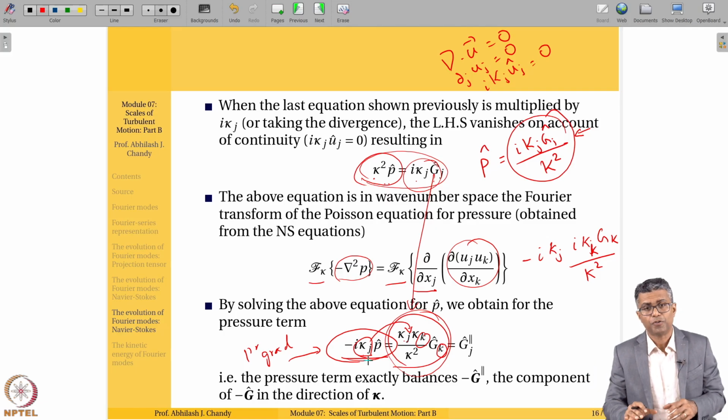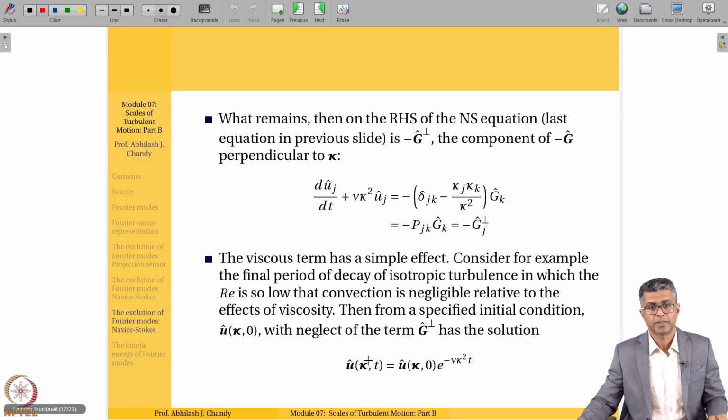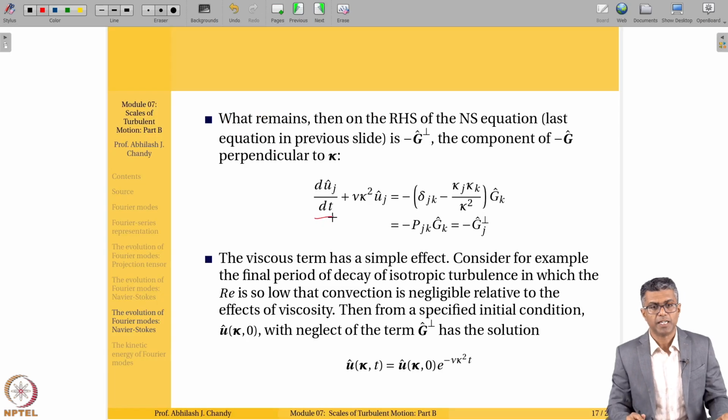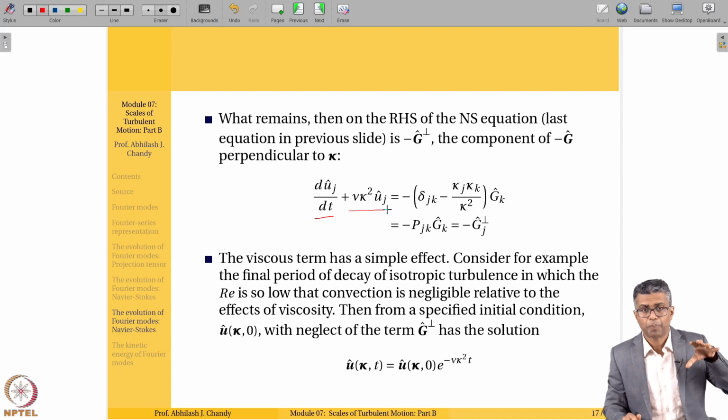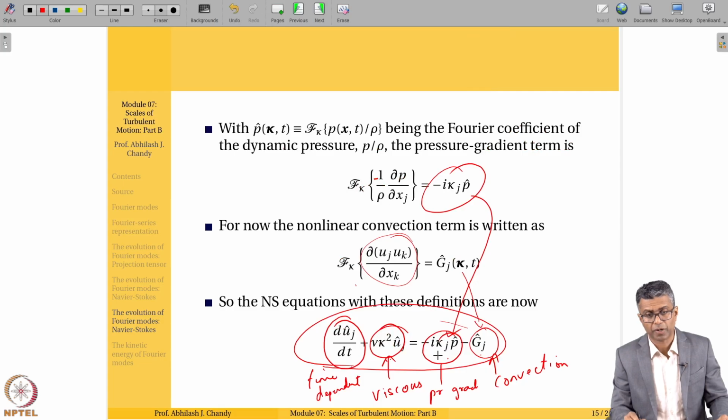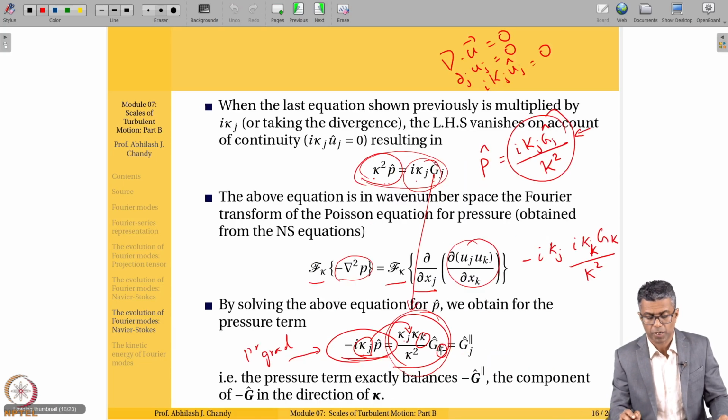Now if you put all those into the Navier-Stokes equations, what do you get? Your time dependent term is d dt uj hat, your viscous term is nu k squared uj hat, and you had the pressure gradient term, and you had just the nonlinear term. Going back, the pressure gradient term is going to be substituted with kappa j kappa k over kappa squared times gk hat.